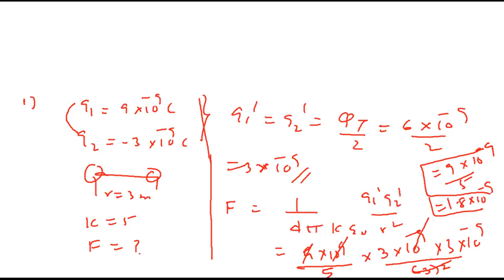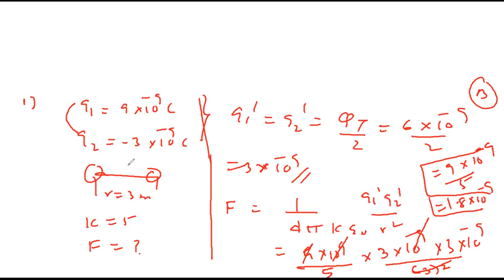Do we have this option? 1.8 into 10 raised to minus 9? Yes. B is the correct option. Have you understood now? Yes, sir. Acha, if they ask what is nature of the force, what you will say? Nature of force, attraction या repulsion? Repulsion, sir.